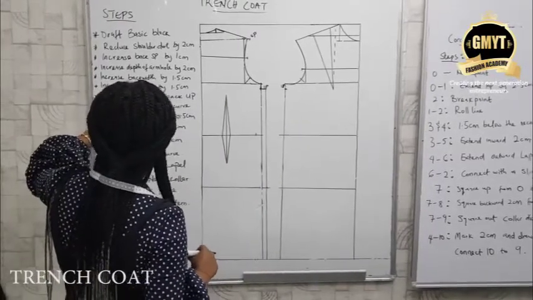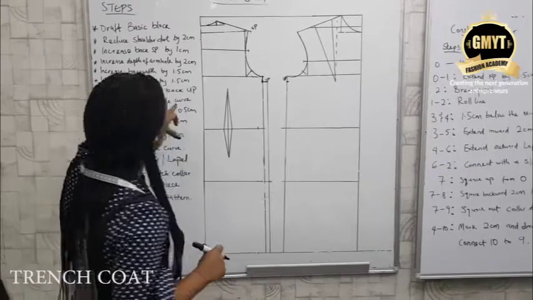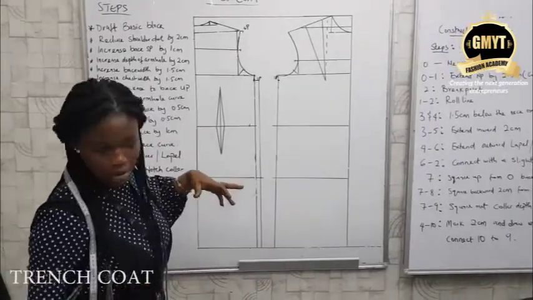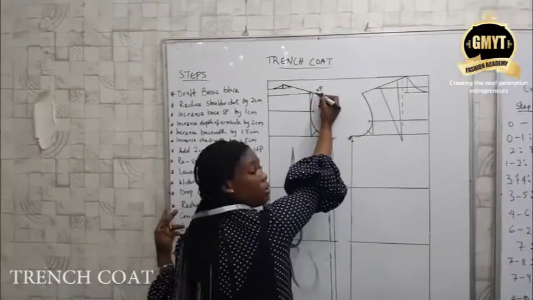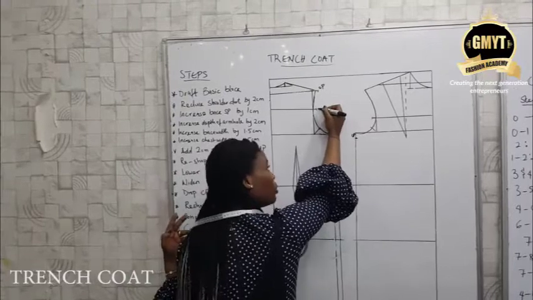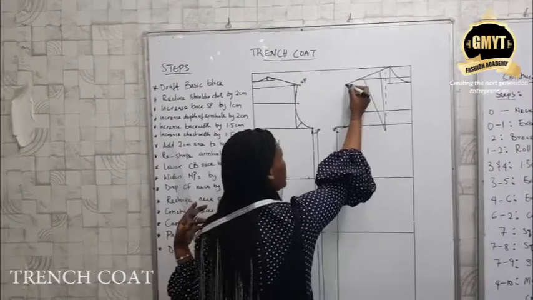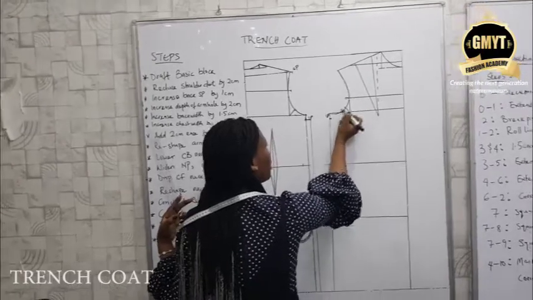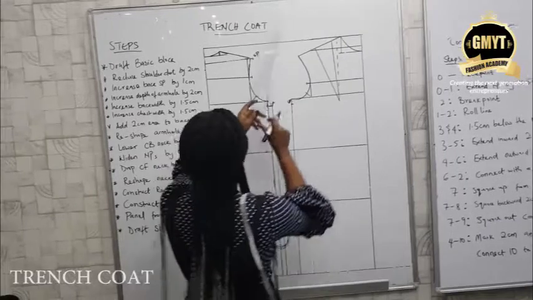The next one says reshape the armhole curve. So I'm going to connect my new SP to my new back width to my new UP here. I'm connecting here to here and blending it to my new UP as well.